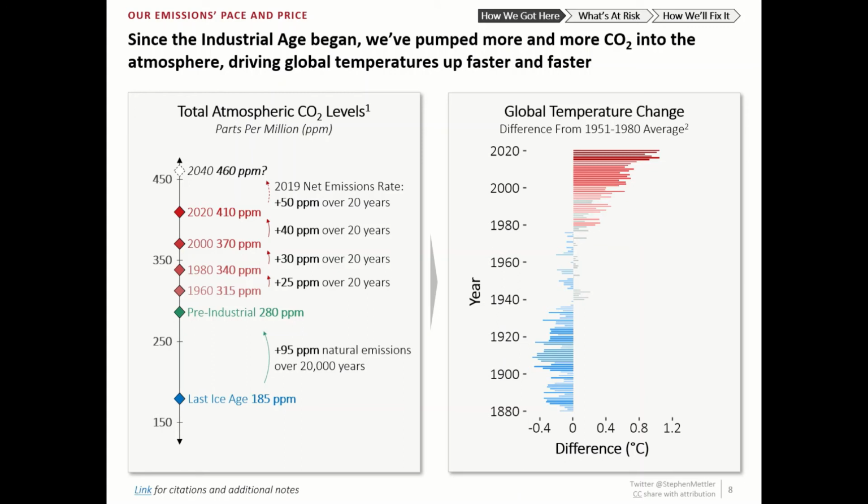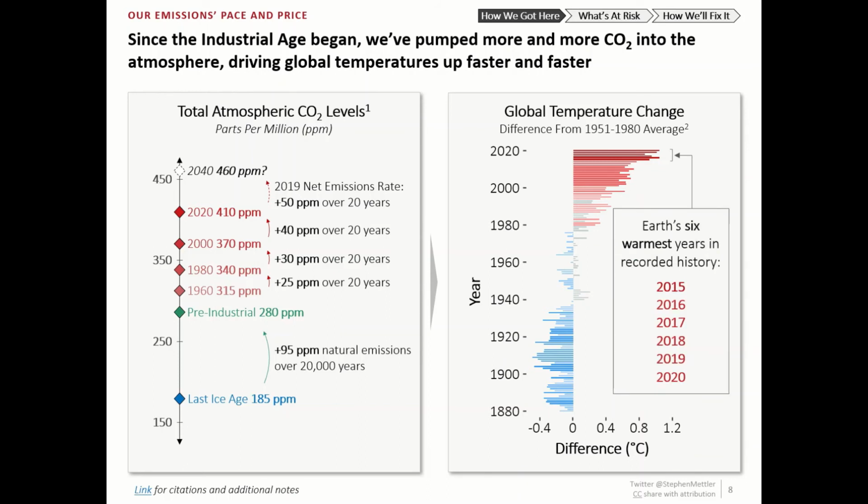The Earth has gone from being cooler than that baseline to being much warmer than that baseline, getting warmer faster and faster. And if you want to see what the warmest 6 years in recorded history have been, you don't need to look far. They're the last 6 years.